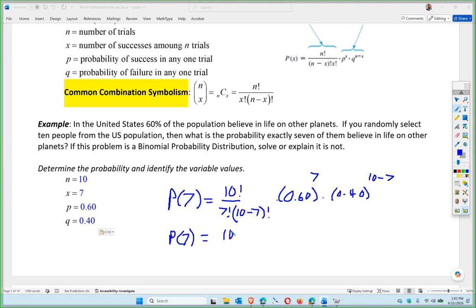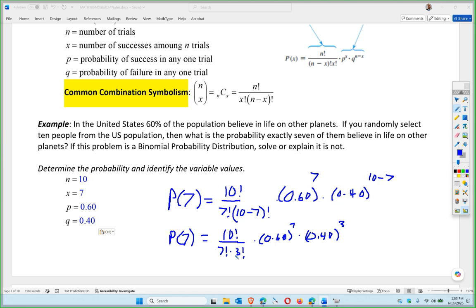It's 10 factorial over 7 factorial times 3 factorial, right? And this is 60% to the 7 and 40% to the 3. Notice 7 plus 3 gives me 10, 7 plus 3 gives me 10. So it should always add up essentially.